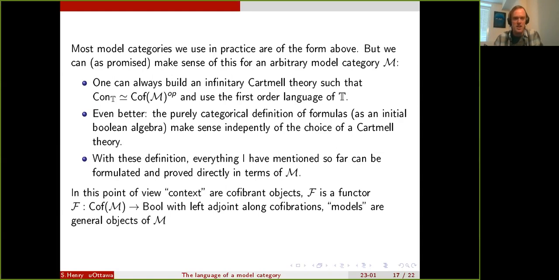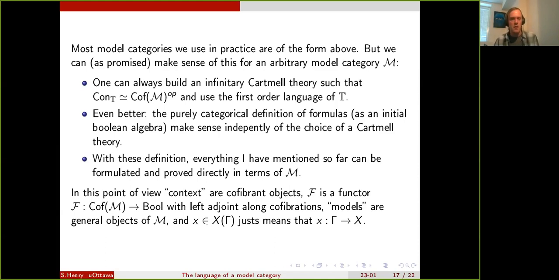Models should be general objects of M, though as we've seen before, most of the interesting theorems only apply to the fibrant models, not all models. And saying that you have an element of X at gamma just means that you have a map from the cofibrant object gamma to X. And that's the general framework for a general model category.